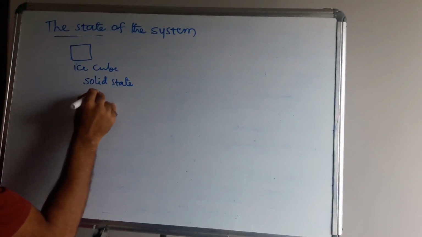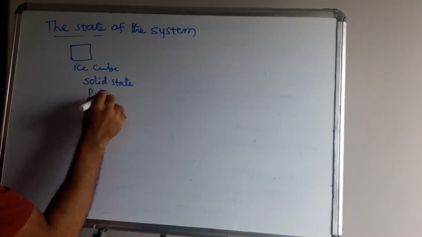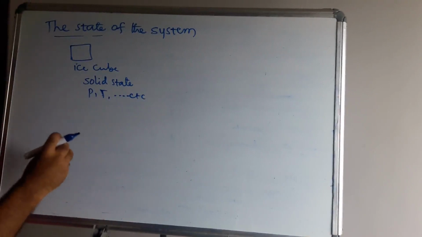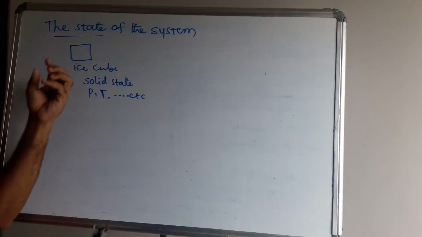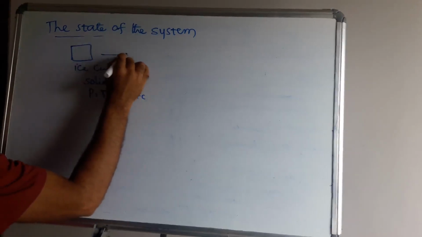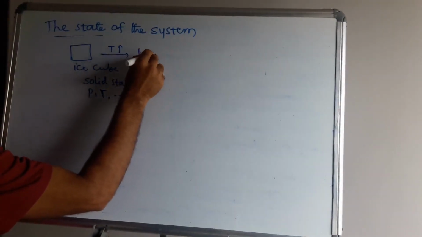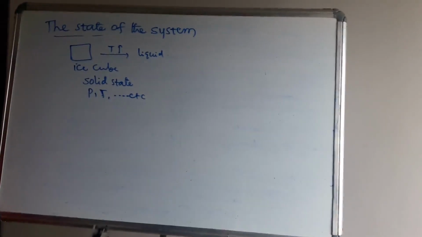That is pressure, volume, temperature, etc. When these are not fixed, then it will change from one state to another state. For example, temperature increases, then this ice cube will be converted into liquid. When you increase the temperature, this will be converted into liquid. Therefore, the state of a system will be a given state when all thermodynamic properties are fixed.